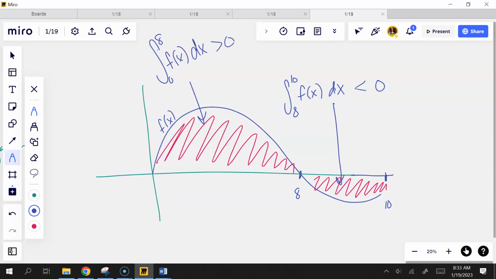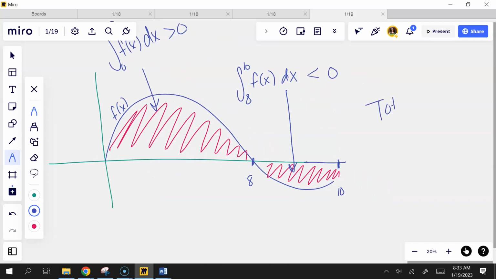Now I'm saying area, but really it depends on what the question is asking me, because if they're asking me to evaluate an integral, it can be negative. But if they're asking me total area, it is always positive, because you can't have negative area, right?